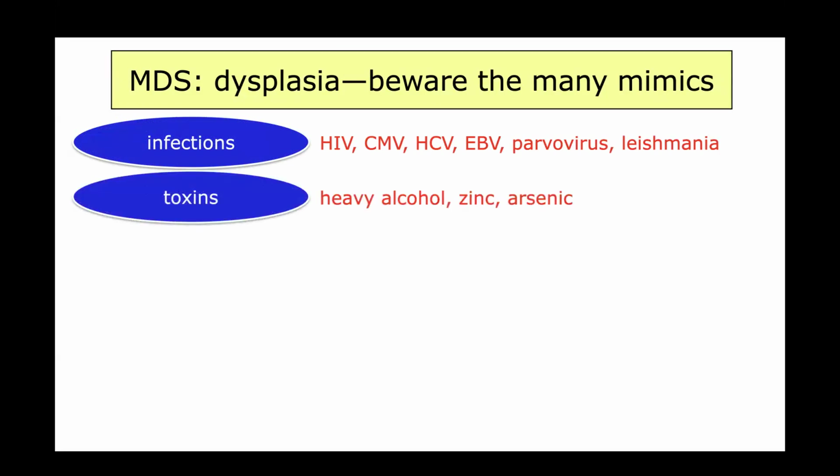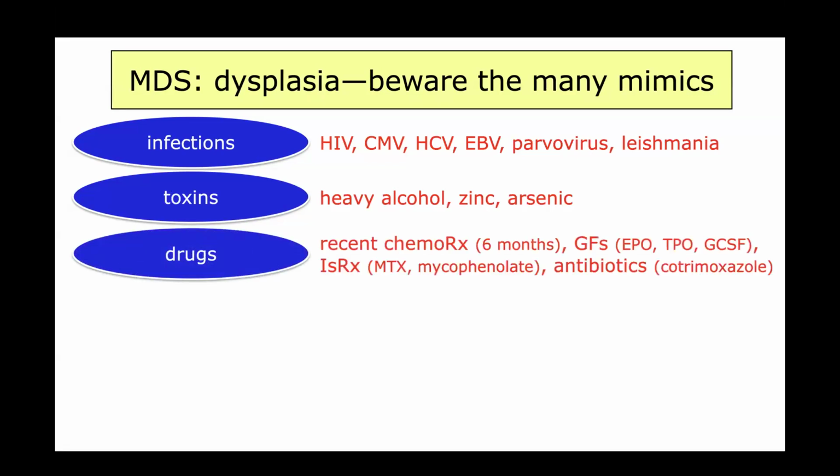A variety of toxins, as you know, including heavy alcohol ingestion, zinc, and arsenic, can interfere with hematopoiesis and induce dysplasia. Drugs as well. In particular, recent chemotherapy can induce dysplastic changes. And I think it's always important not to overdiagnose underlying or residual dysplasia in patients who've been treated for a myeloid neoplasm, at least conservatively or liberally, depending on your point of view, for at least 6 months since they received chemotherapy.